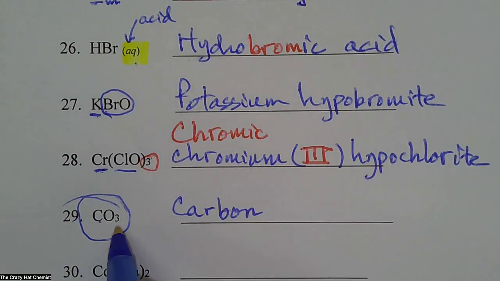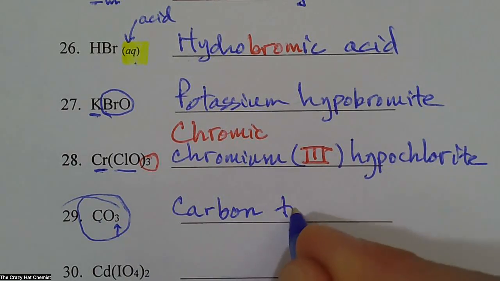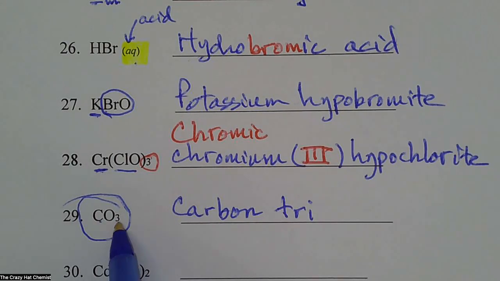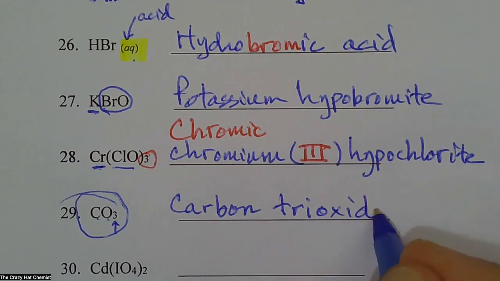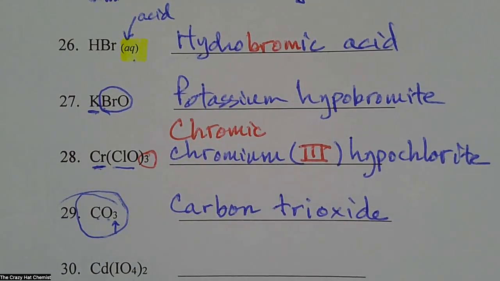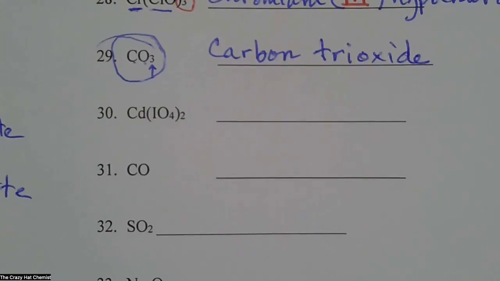And you always use a prefix for the second one. And the prefix for 3 is tri. So it's carbon, tri, and then the name of this element is oxygen, but it will have the IDE ending on it. So trioxide, right? Fantastic. All right, gonna move this up here just a little bit so we can see some more of these.